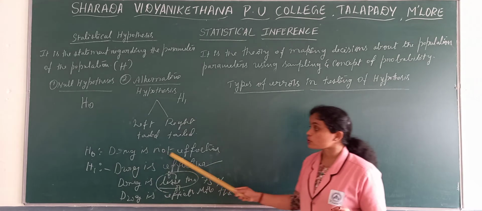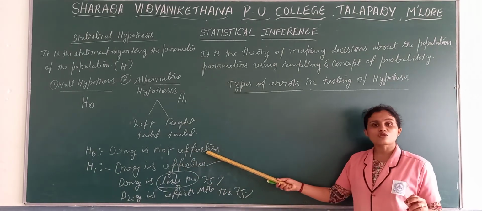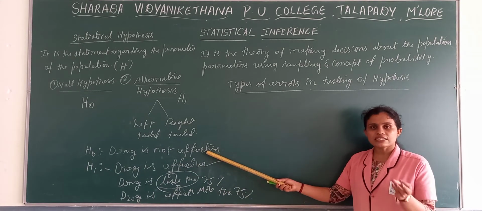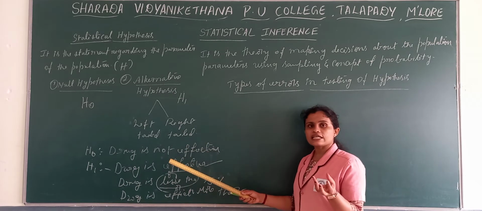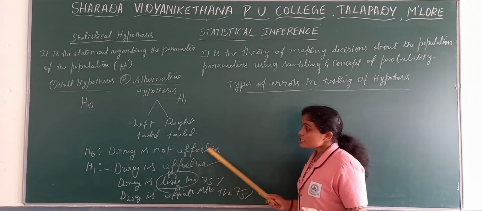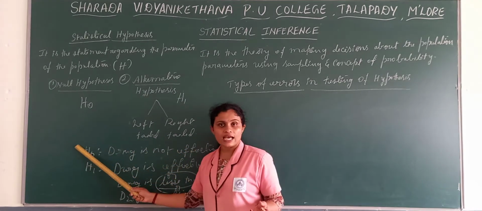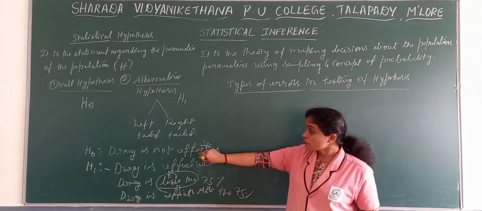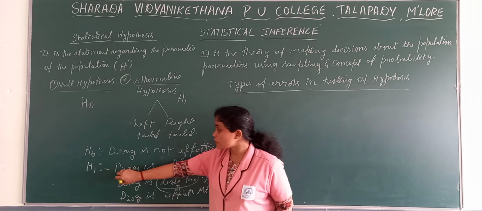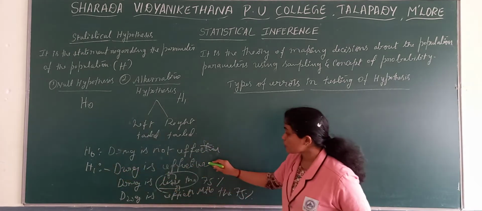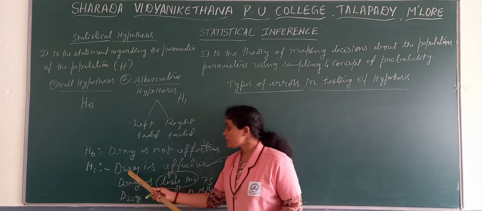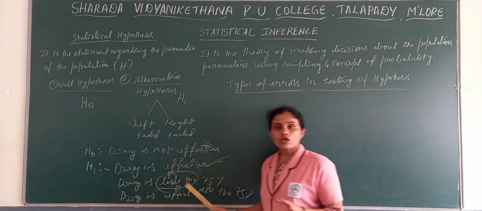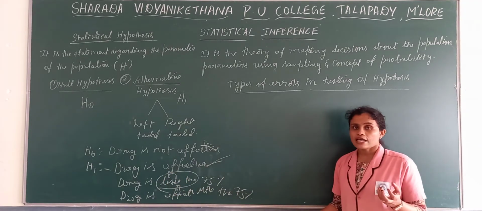We set the null hypothesis as the drug is not effective. After conducting the test, if we get that the drug is effective, we need to reject this. Now if we reject it, which statement do we need to accept? This statement: the particular drug is effective, because we got the same conclusion from the experiment.